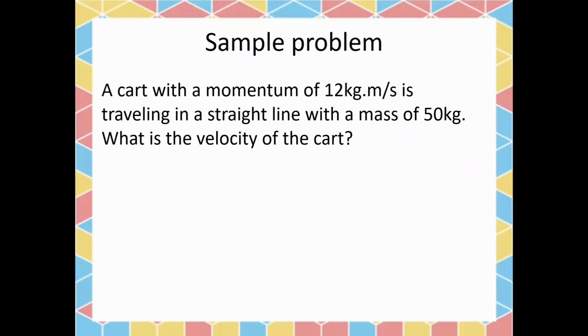A cart with a momentum of 12 kilogram meter per second is traveling in a straight line with a mass of 50 kilogram. What is the velocity of the cart? So first, write the given. So you have a momentum of 12 kilogram meter per second and a mass of 50 kilogram.